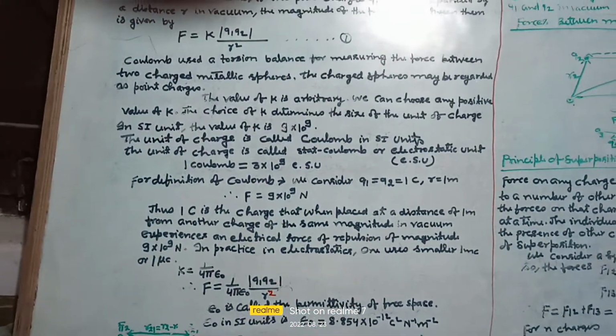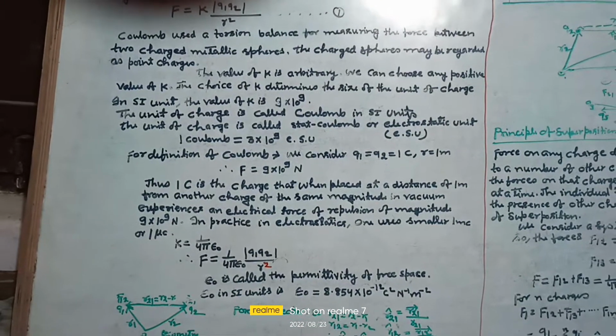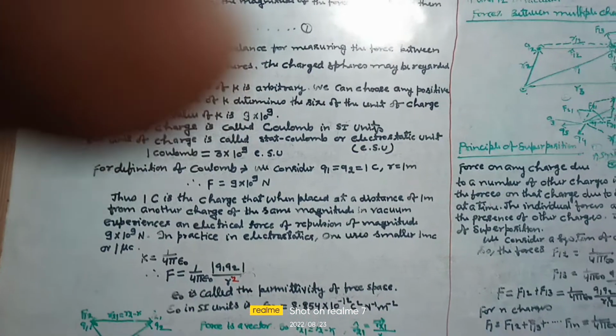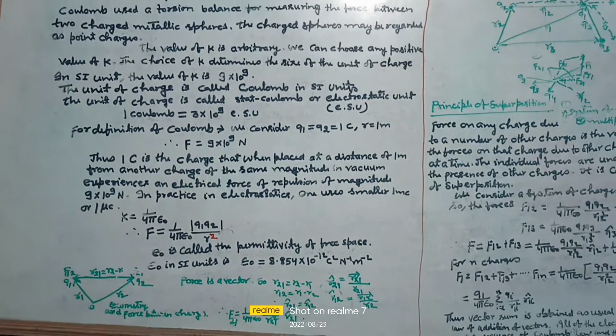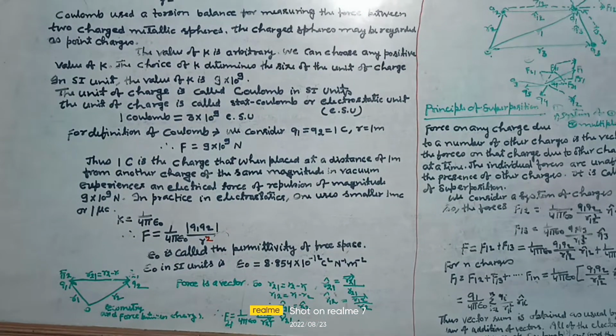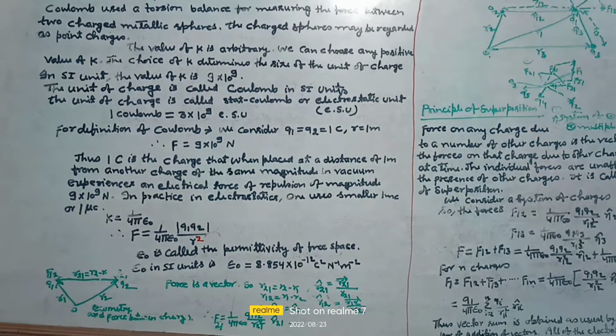Epsilon naught is called the permittivity of free space. Epsilon naught in SI units is ε₀ = 8.854 × 10^-12 coulomb² newton^-1 meter^-2.